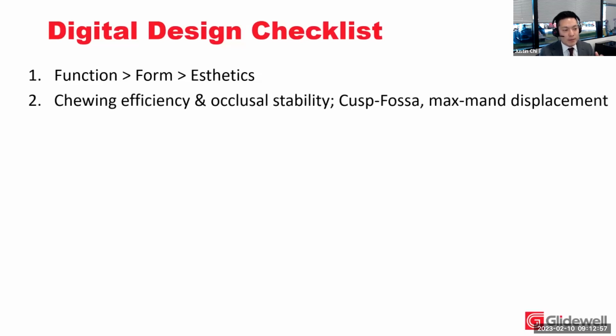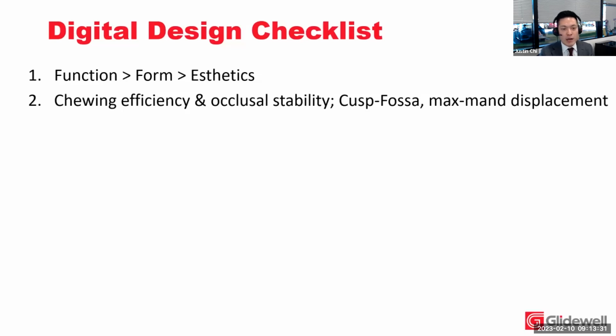I like to think about establishing the position of the occlusion for optimal chewing efficiency for our patients for that individualized tooth. Most of what we do is one tooth at a time. So we're going to start off with a more straightforward approach with these single units. So chewing efficiency and occlusal stability, trying to maximize the areas of contact to distribute the forces with whatever teeth are opposing our design, taking into consideration the cusp-fossa relationship with our restoration design and the opposing.